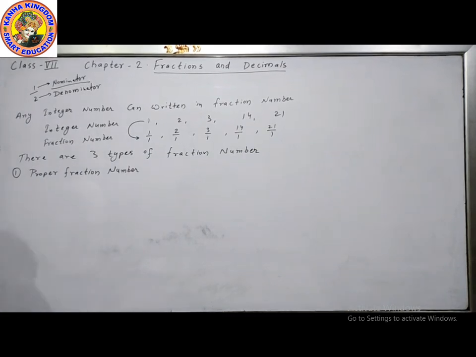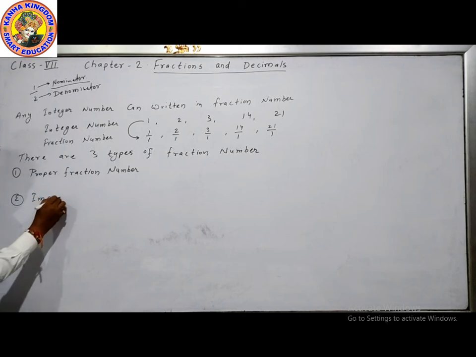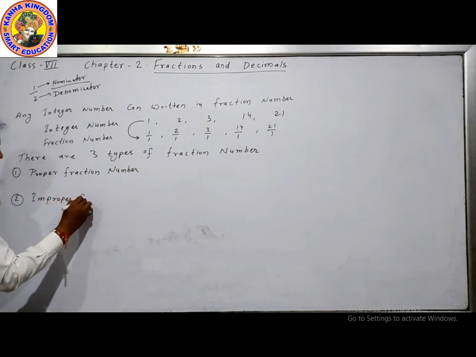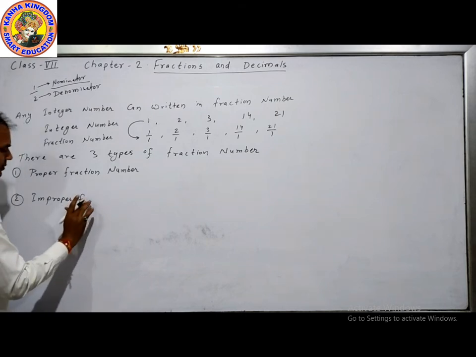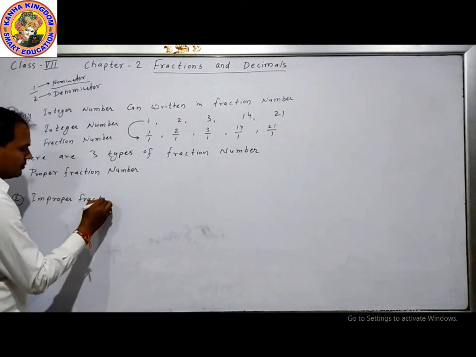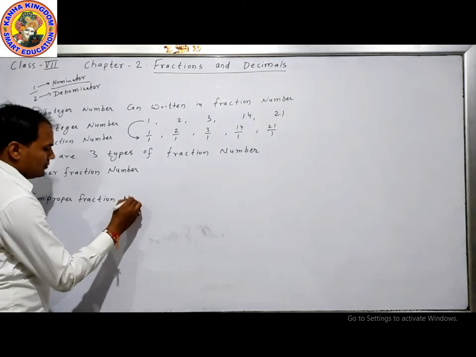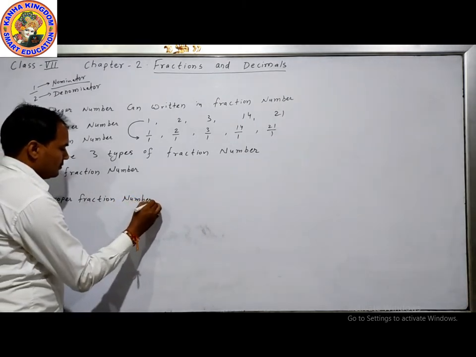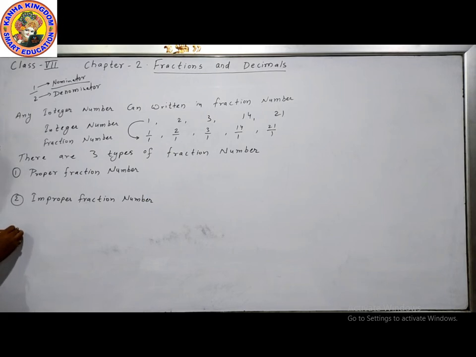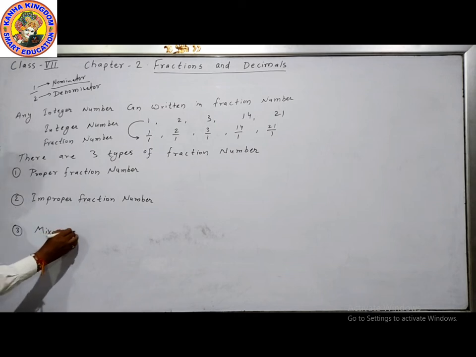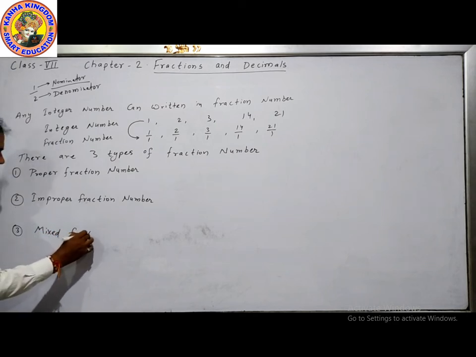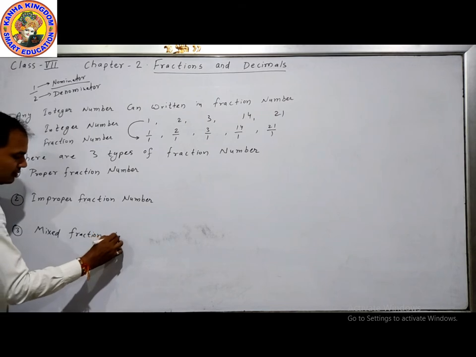First type is proper fraction number. Second type is improper fraction number. Third type is mixed fraction number.